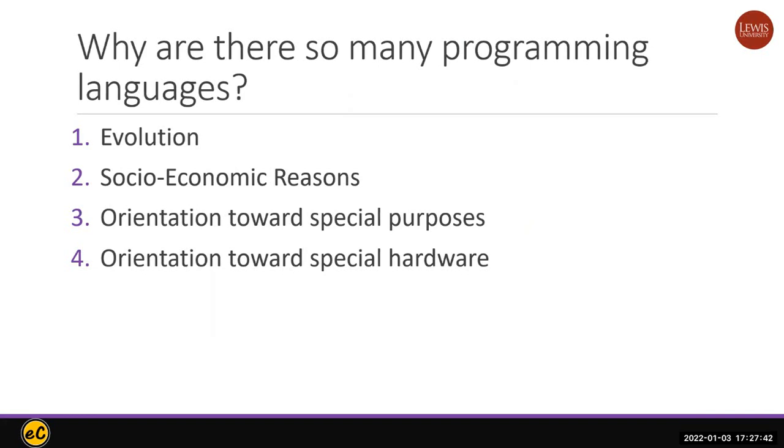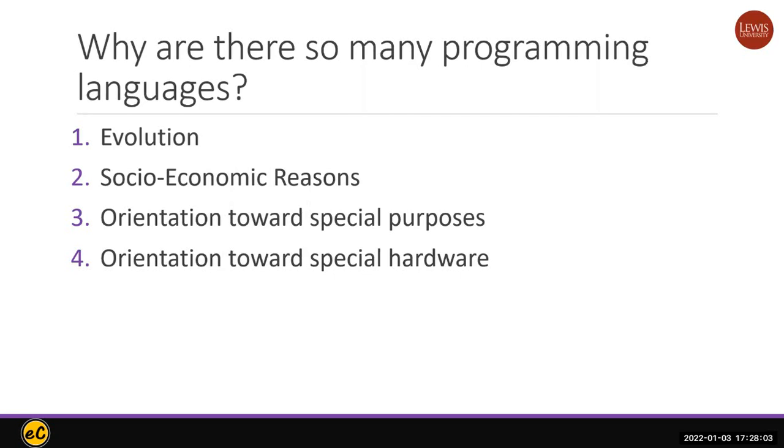So there are socio-economic reasons why some companies support certain languages. Some government projects just use Ada for defense purposes. These are the so-called socio-economic reasons why different languages have been used.